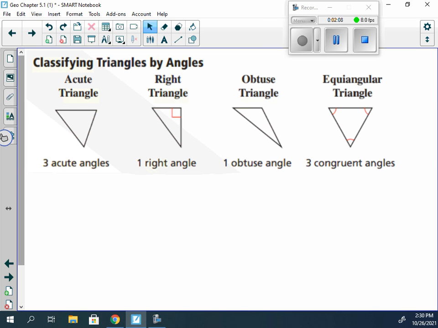One obtuse angle, because it's going to be an obtuse triangle, so it needs one angle that is obtuse. And an equiangular triangle will have three congruent angles. Equilateral and equiangular, yes. Because if we have one, we have to have the other.